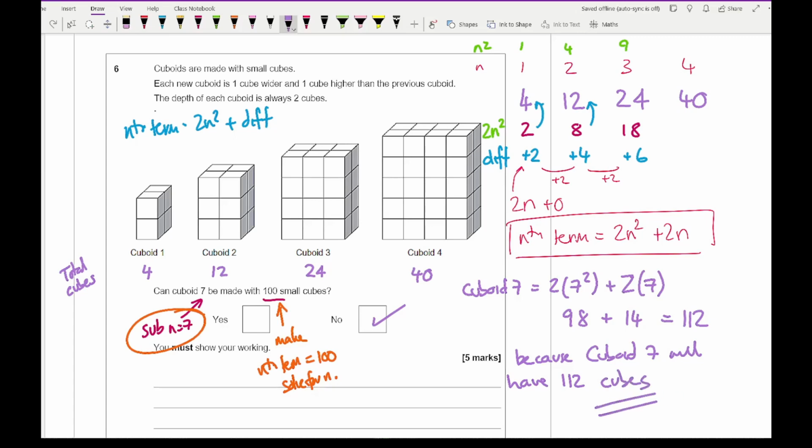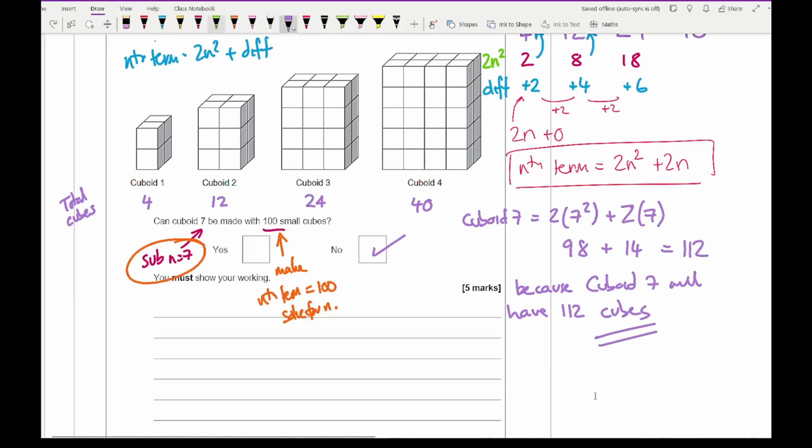And there we go. Now there's a lot of working out for that, but another way of finding the nth term: if I look at the dimensions of each of the models, notice the numbers of the cuboids, so I've got 1, 2, 3 and 4.